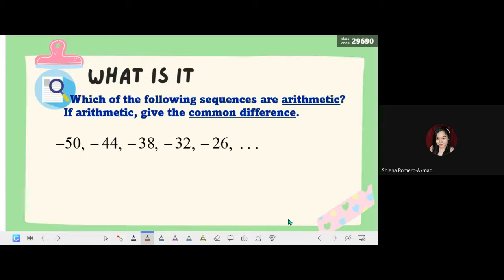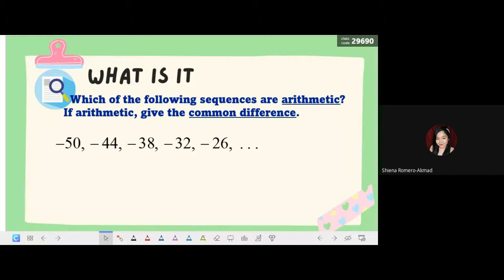Okay, basahin niyo muna. At na count of 3. 1, 2, 3. Ano kung ulit yung attendance mo?